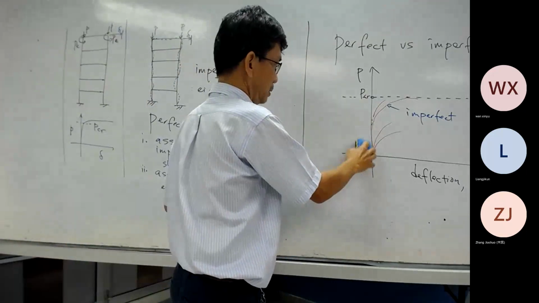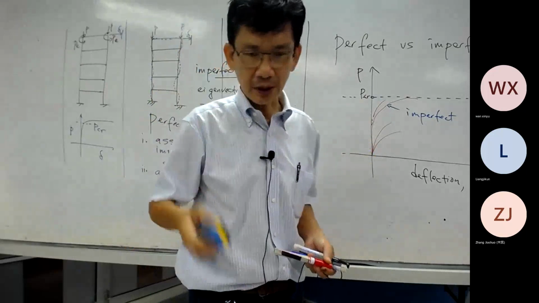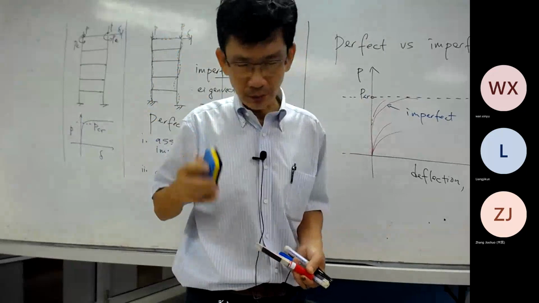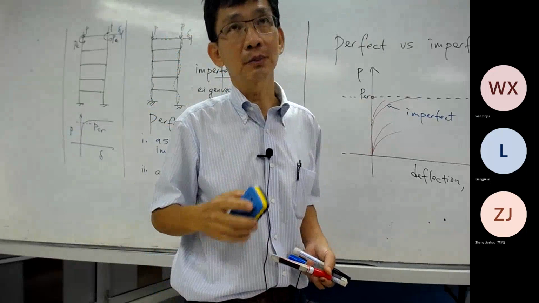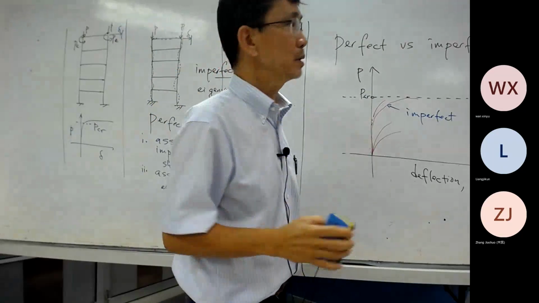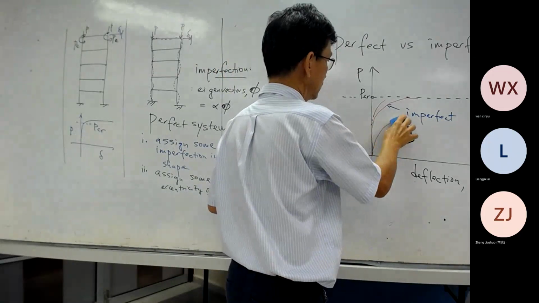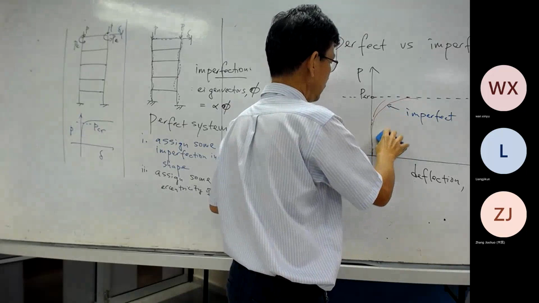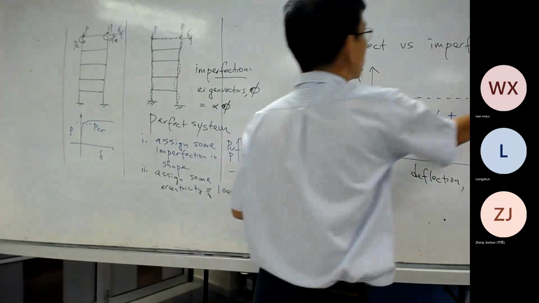So it will not be this, because the perfect one, remember, is perfectly straight. So when you apply loading, it will remain straight. Remain straight means delta zero. For the imperfect one, right from the beginning, as long as you apply loading, it will bend, meaning delta non-zero.